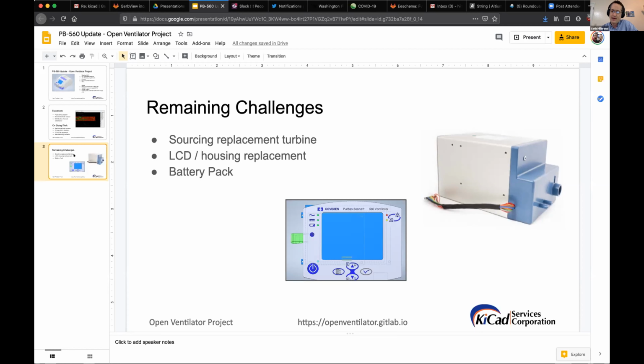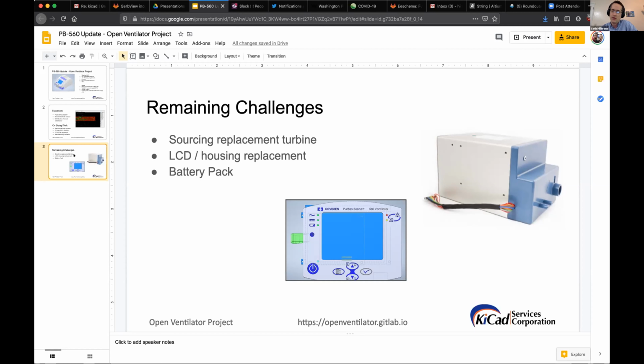Then the battery pack, this is meant for offline operation in the case of AC power failure. The battery pack remains an outstanding issue that does need to be solved. The FDA has reduced the requirements for battery operated timelines. We no longer need to meet the 60-minute battery operation timeline for the emergency use authorization.